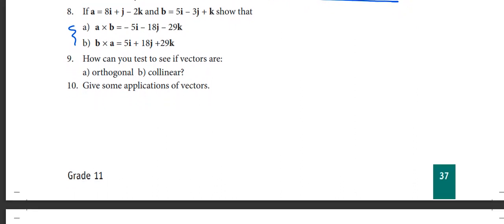ስቴፑን ተመሳሳይ ስቴፕ መከተል ነው። How can you test to see if vectors are orthogonal or collinear?